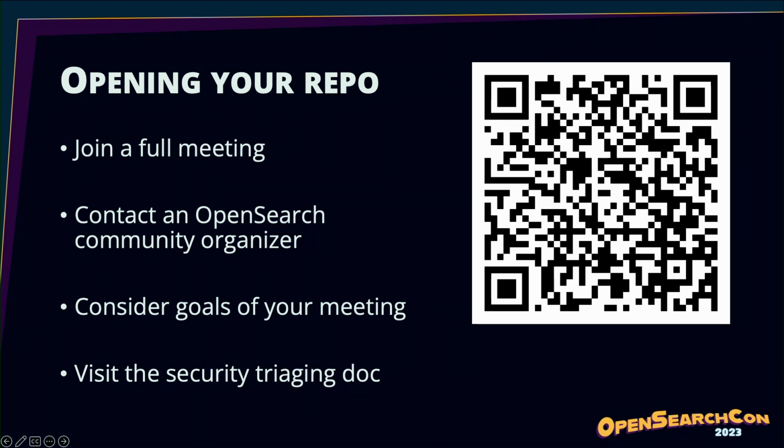The meetings are hosted weekly at 3 p.m. Eastern Standard Time, and we welcome any contributors or any community members always. Second, you're always welcome to contact an OpenSearch community organizer, such as Christopher Dame, Nate Boot, or David Tippett. And I'm sure that they're happy to help you get started with your own similar or different process of opening up your repository or project.